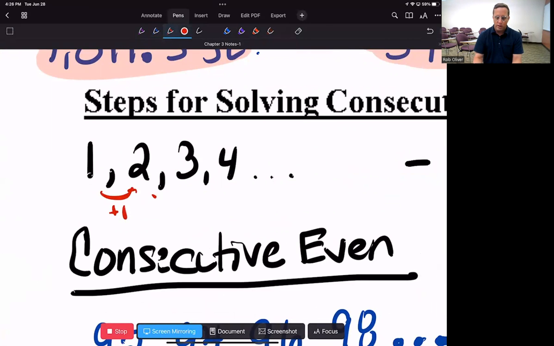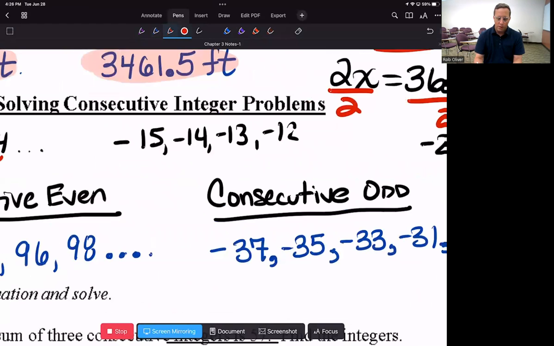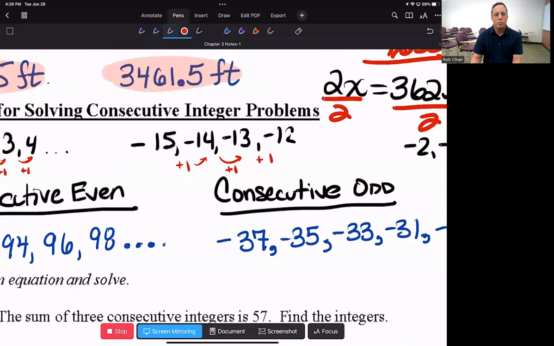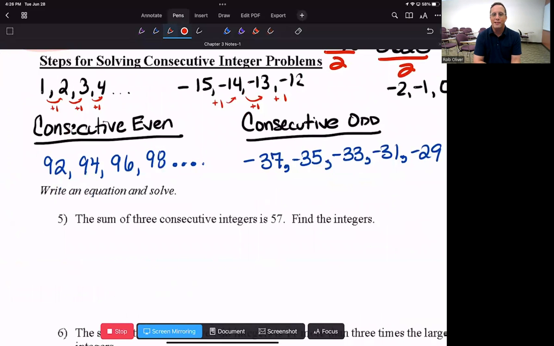You can just go plus 1, they have a difference of 1 between one number and the next every time. So negative 15 plus 1 makes negative 14, negative 14 plus 1 makes negative 13, plus 1. So you can see it's got a plus 1 pattern there. But with consecutive even and with consecutive odd, it's not plus 1, it's plus 2. Whether it's even or odd, it doesn't matter.